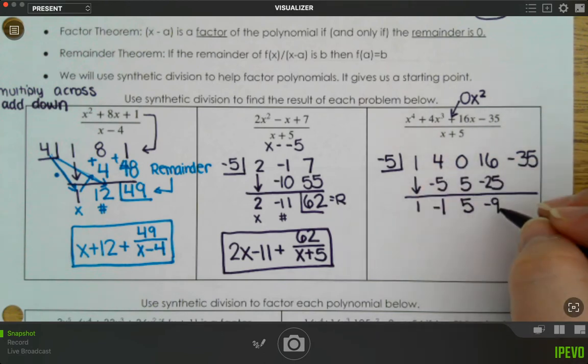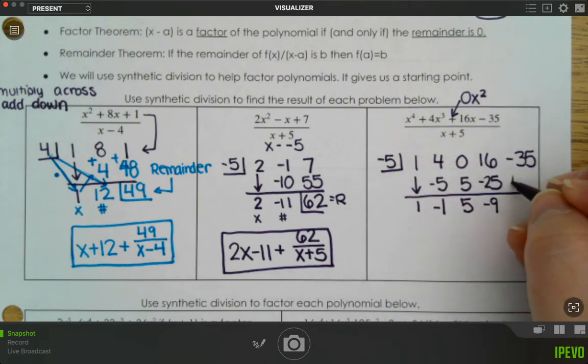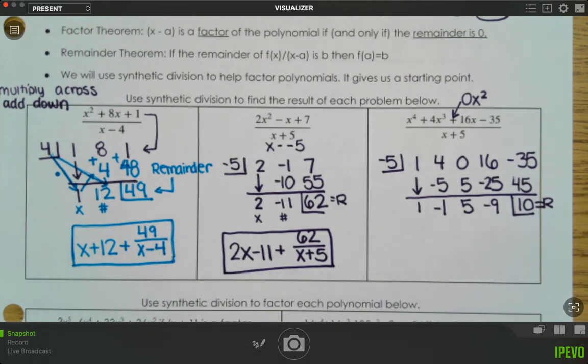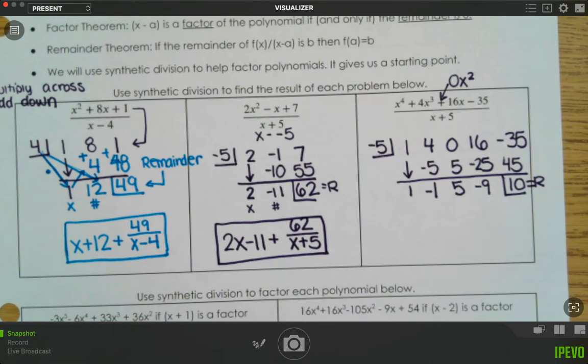Multiply across, add down. The last one is always your remainder. So that really wasn't that crazy. It's actually pretty easy still. It did take a few more steps, but they're not that difficult.